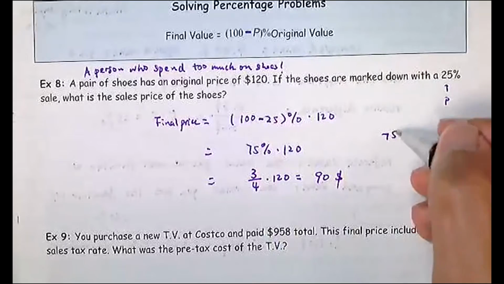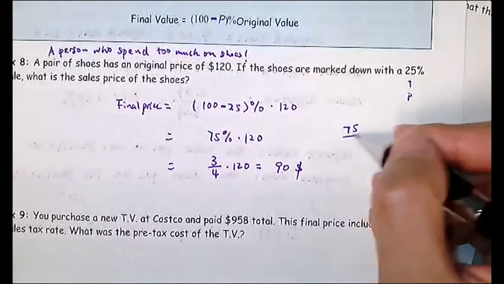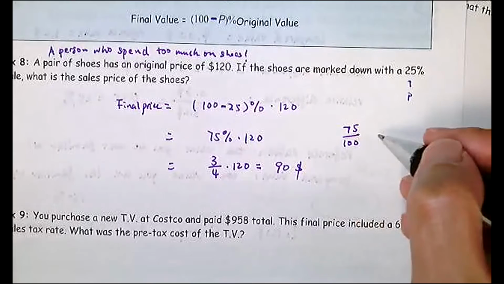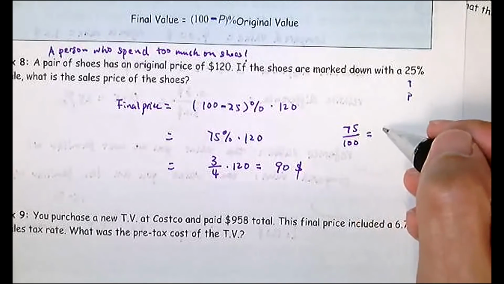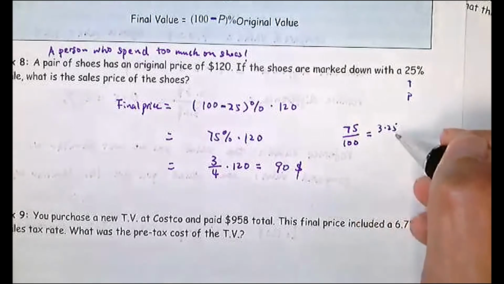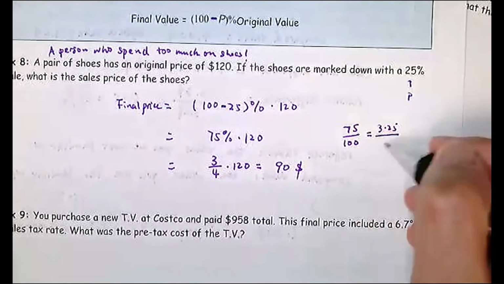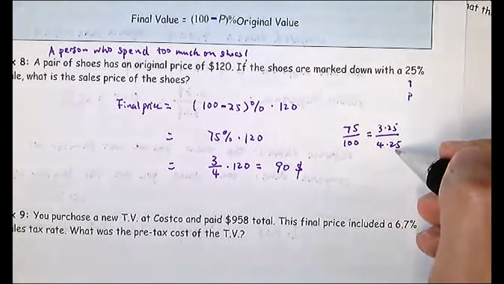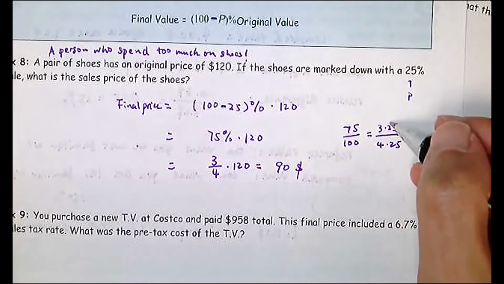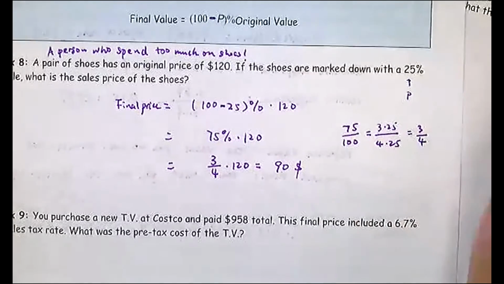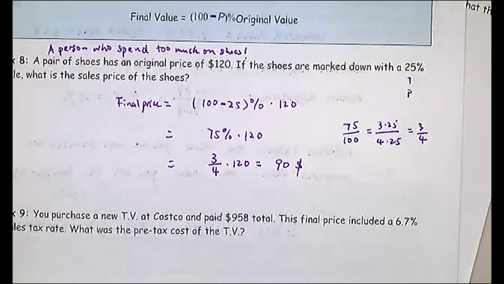So 75 over 100, we want to simplify this fraction. 75 is 3 times 25, do you agree? 100 is 4 times 25, do you agree? So 25 cancels with 25. You have 3 over 4. Okay. Anyone has any question?